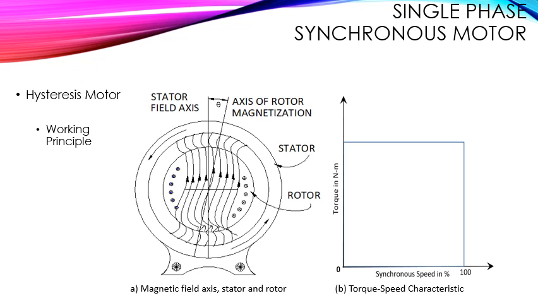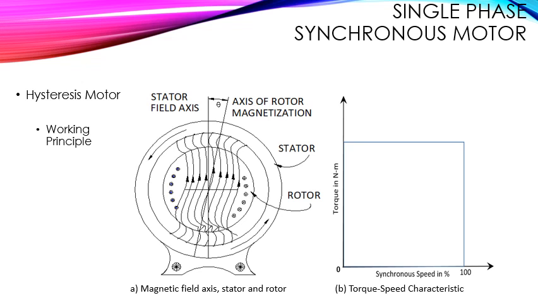Due to eddy current loss, one more torque is developed in the motor at starting. So the motor starts under the influence of hysteresis and eddy current torque and finally attains synchronous speed. At synchronous speed there is no relative motion between the stator field and the rotor, so there is no eddy current and no torque is developed due to it.